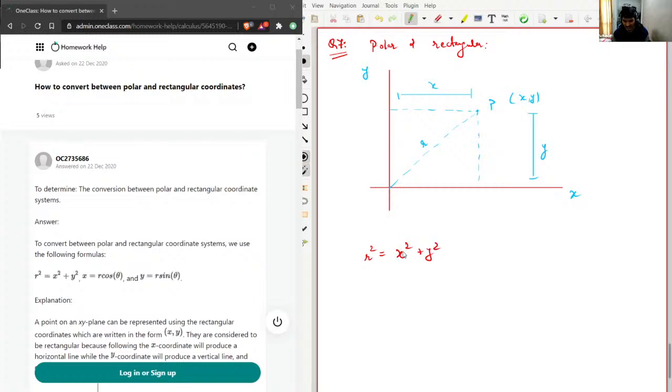But here the Cartesian coordinate system is given. Now let's say this angle is theta. So in the rectangular coordinate system, we represent the coordinate in terms of the perpendicular distances x and y from both the axes. So this was rectangular.